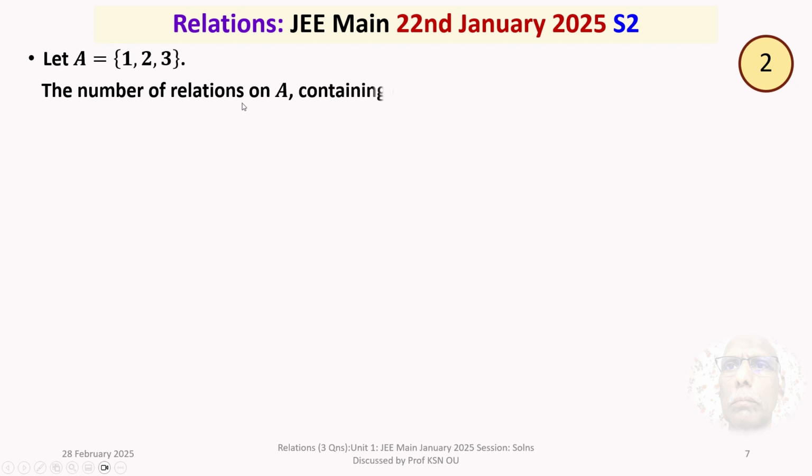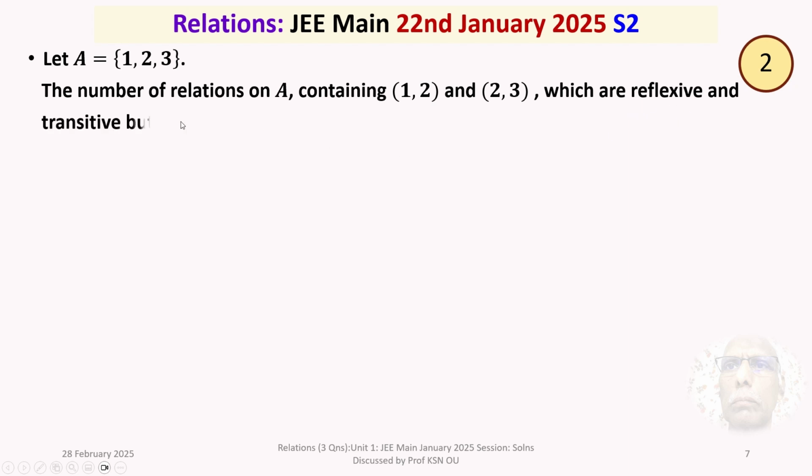The number of relations on A containing the ordered pair (1, 2) and the ordered pair (2, 3), which are reflexive and transitive but not symmetric, is: fill in the blank.